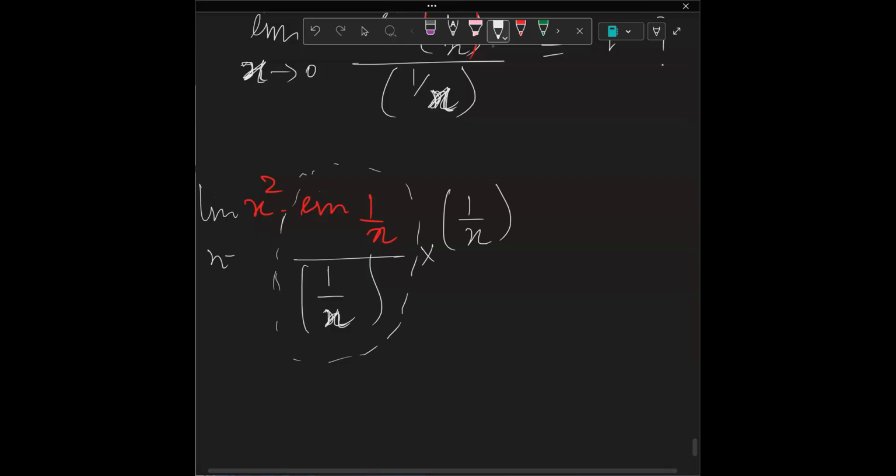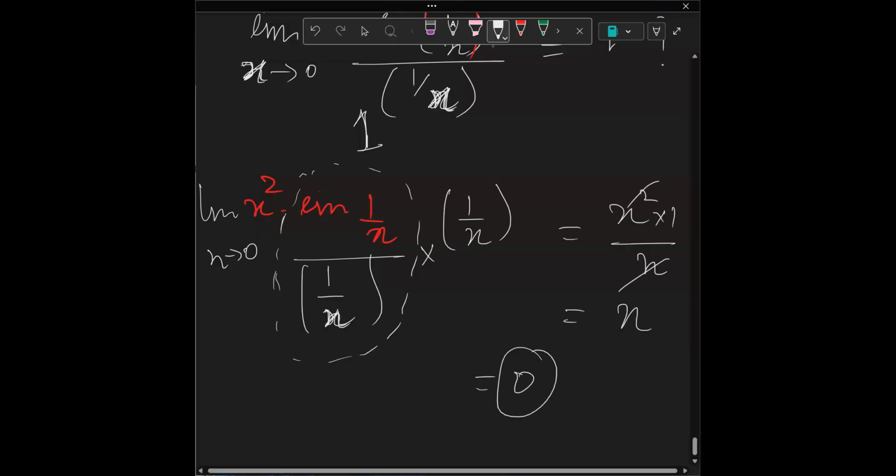Limit x tending to 0, this one. So this is 1, and we have x square into 1 over x. This gets cancelled out, we have only x, and x is 0, so this is 0. ऐसे किया था सॉल्व. Tell me, have you solved like this or not?